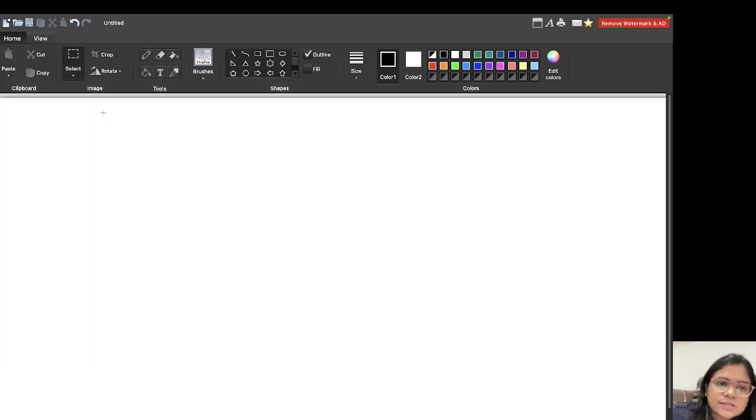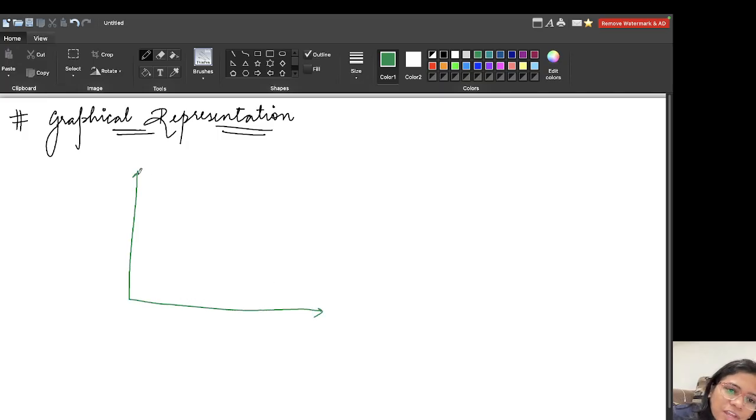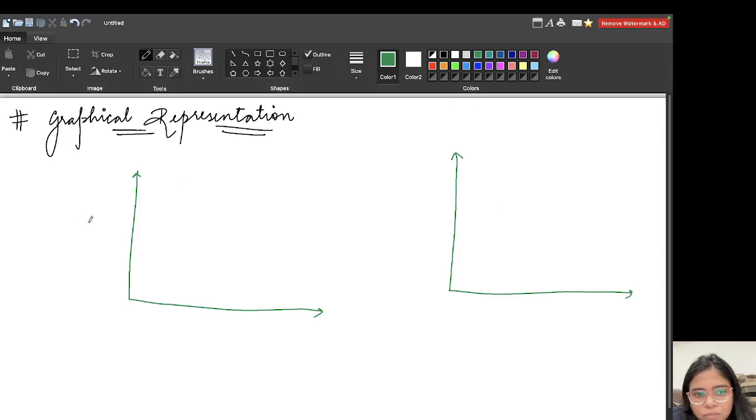Let me draw it in a different slide. This is my reactant by time and this is my product by time.